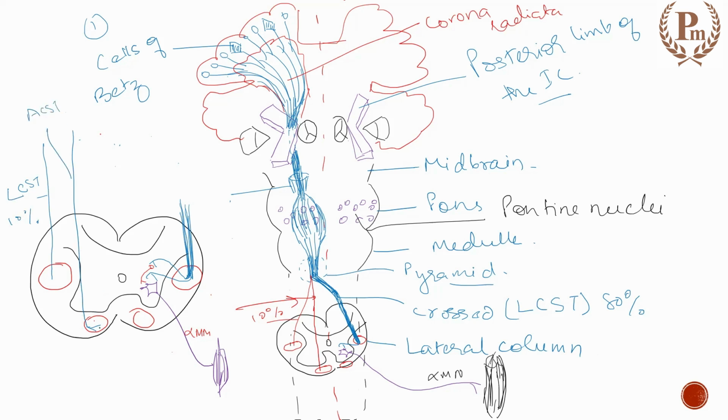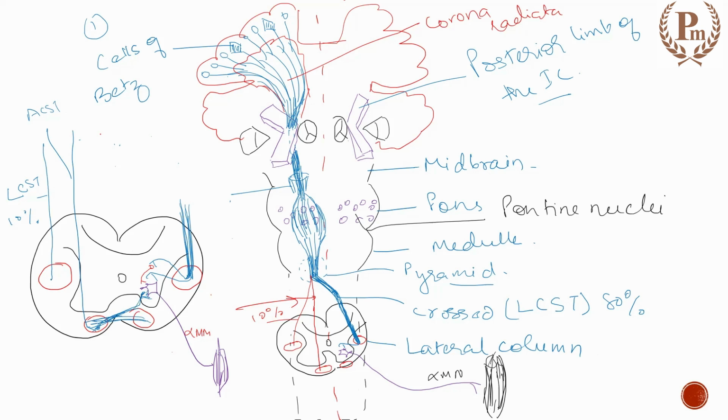Now what will happen here is, whatever level they are at, suppose this is my cervical level or the upper thoracic level and I want to supply the upper limbs. These fibers cross over at the same level, and they may give interneurons, and these interneurons are going to synapse over the alpha motor neuron.